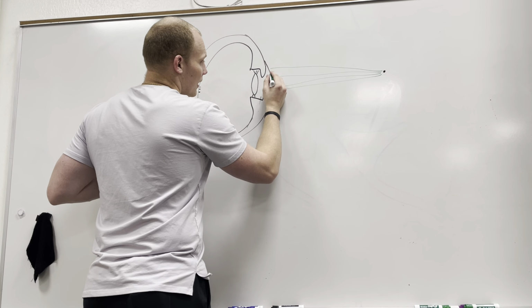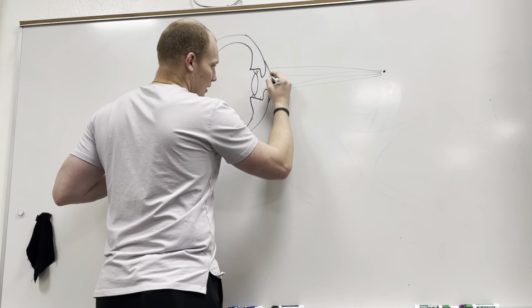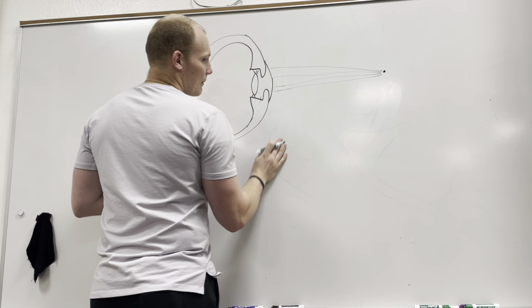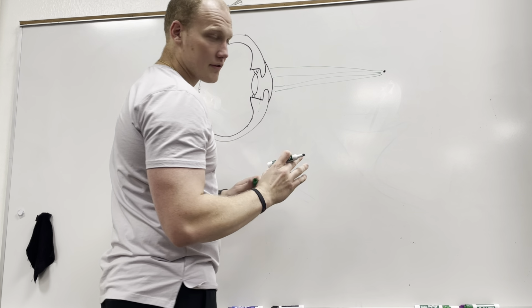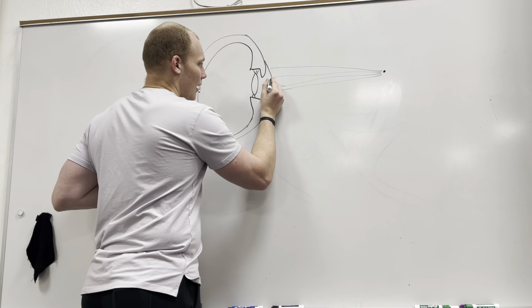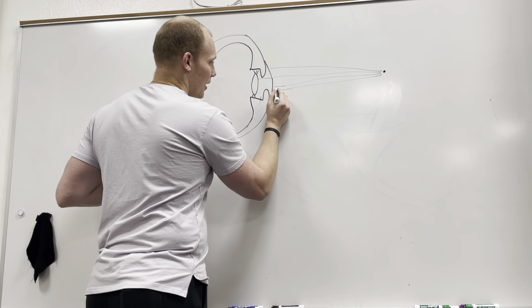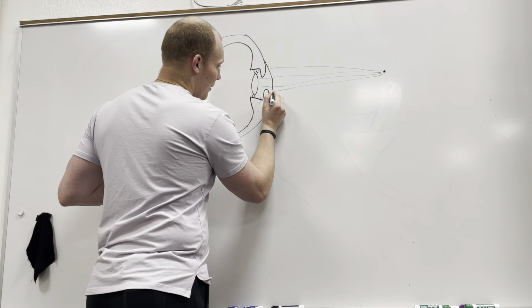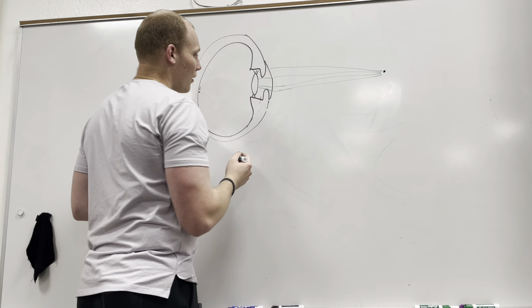So what happens is this right here, because of the curvature of it, it'll begin bending light. This one is coming pretty well straight. It'll come almost straight through. This one will begin bending up, and this one will bend up as well.